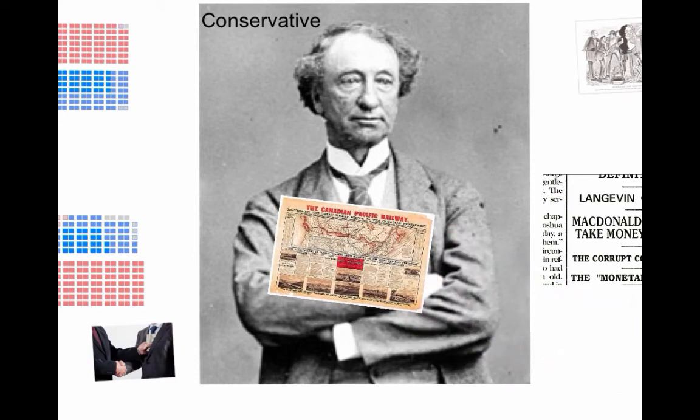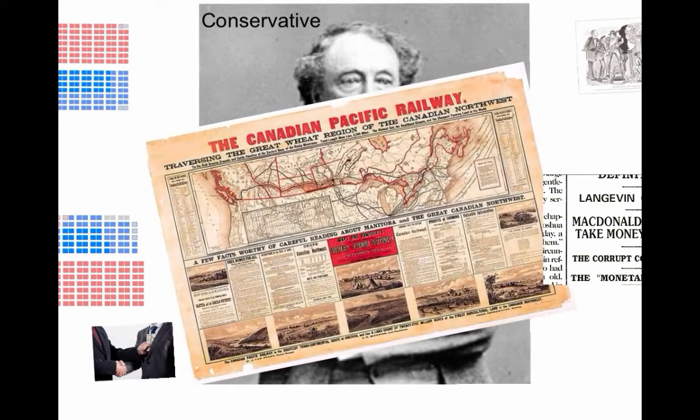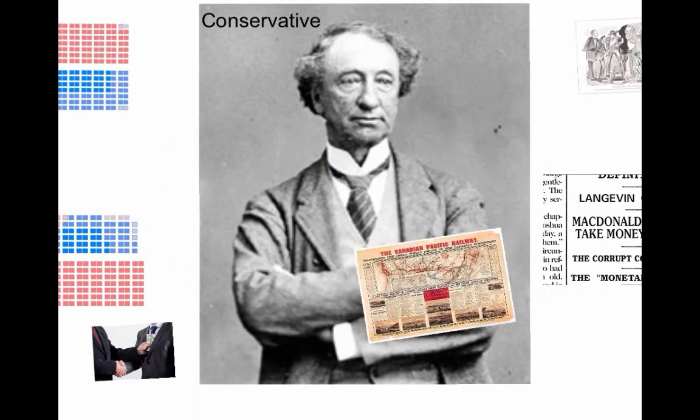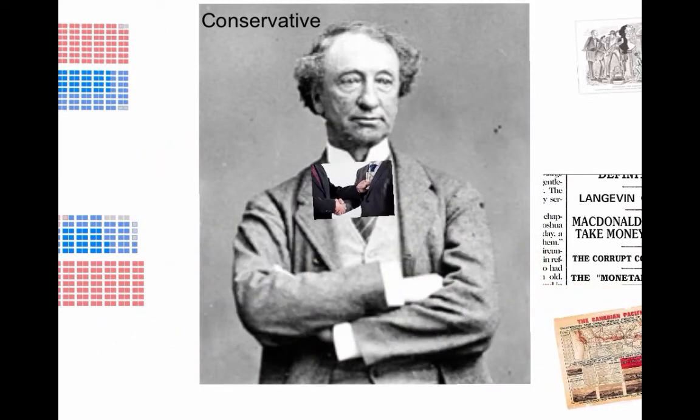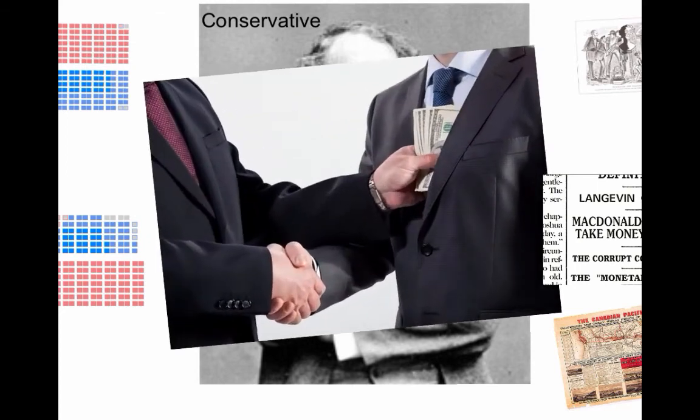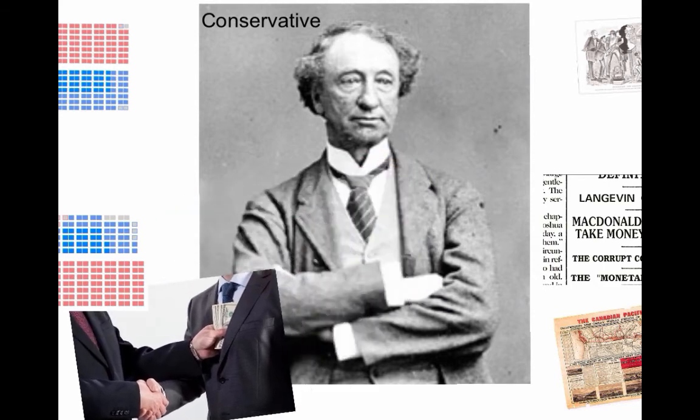So we have the Canadian Pacific Railway here. They were the company that wanted to win the contract to build this railway, which would have been very, very lucrative for them. And what they did is they ended up paying for the Conservatives' re-election campaign. They gave over $300,000 to the Conservatives, which was a lot of money back then.